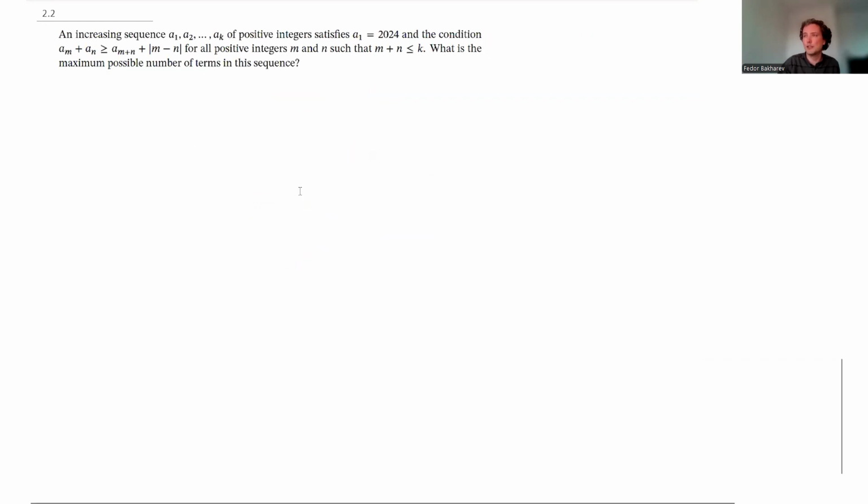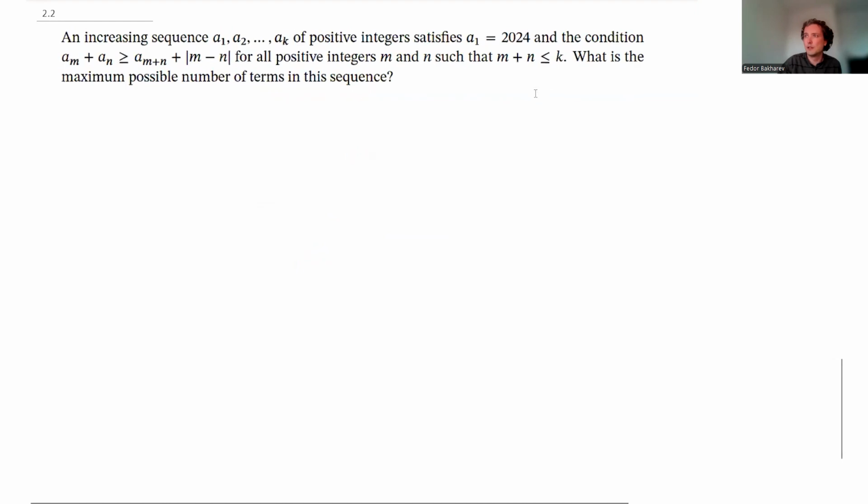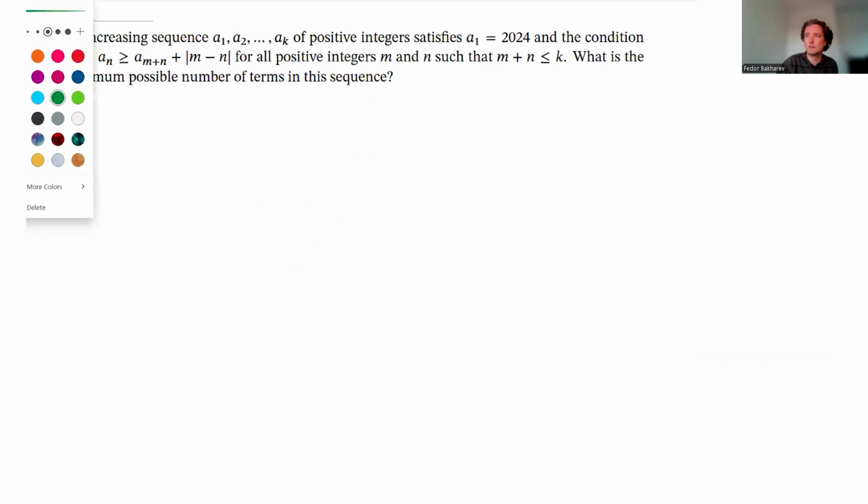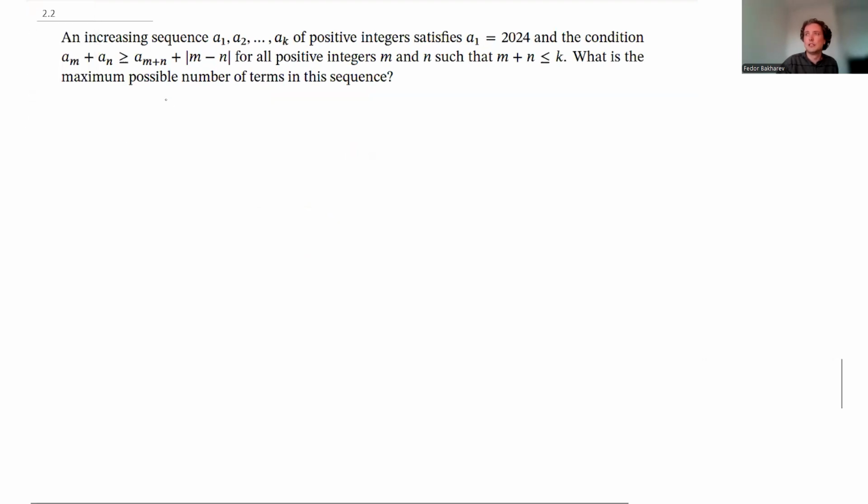Let us switch to the next one. The next one was algebra about an increasing sequence, somehow about a sequence with an inequality.